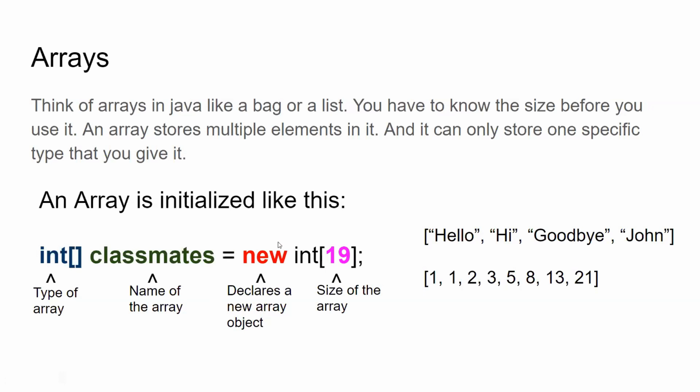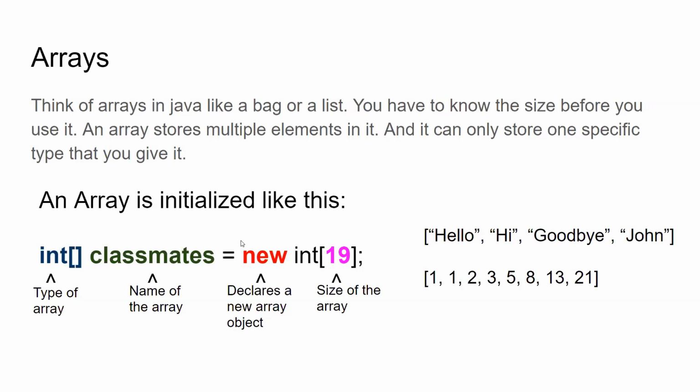Here we have a new word, new. When you're making an object, it's a bit different from making primitive things like ints, chars, booleans, doubles. You have to put a new here to declare that you're making a new object.